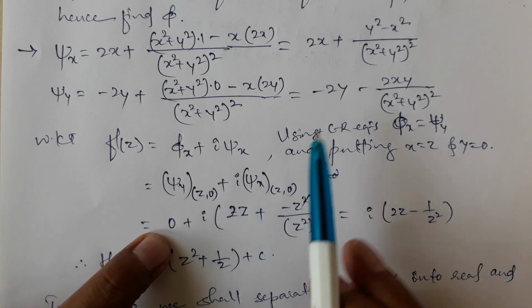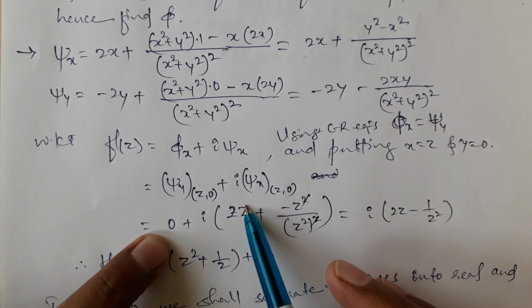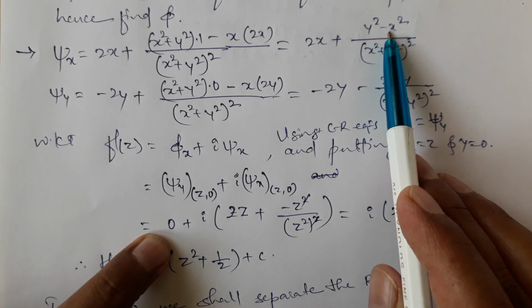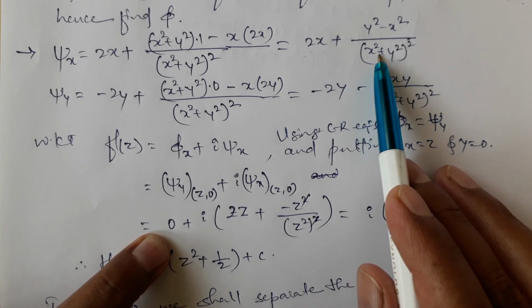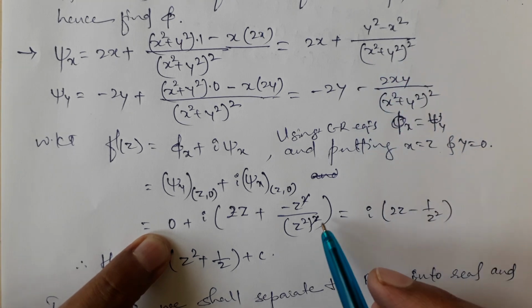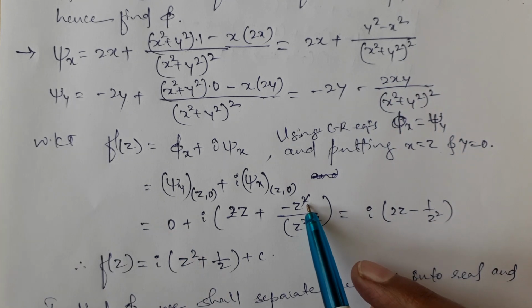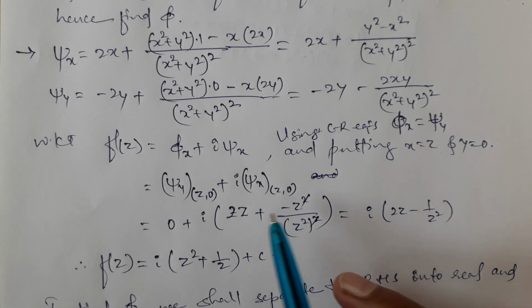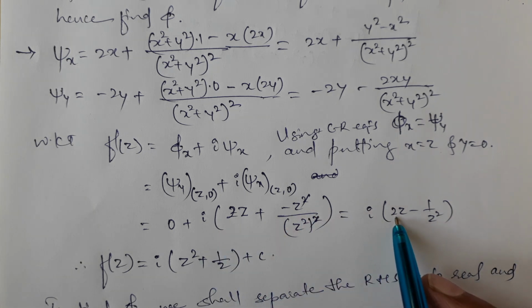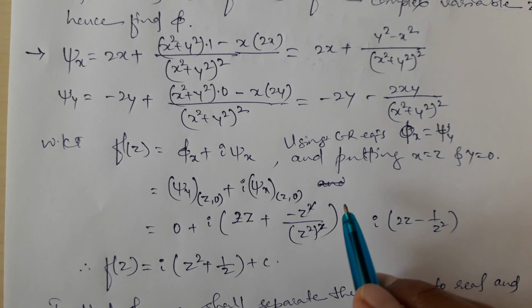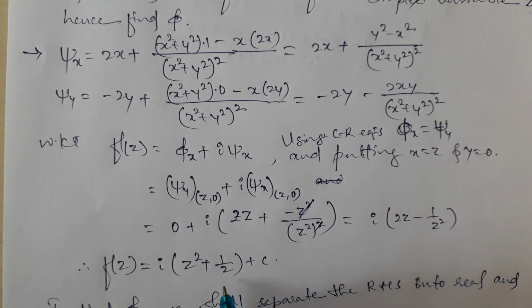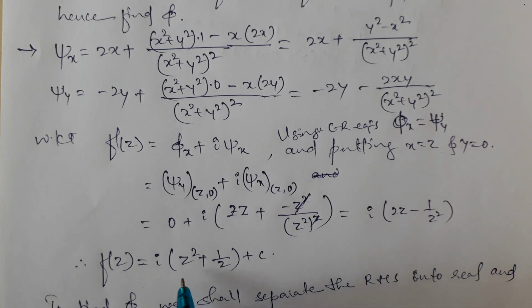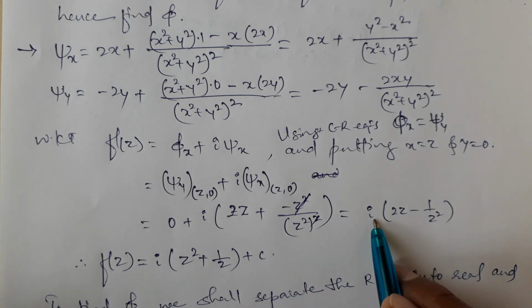Then plus iψx term, therefore 2z plus 0 minus z² divided by (z²)², and z² and this square cancel, then i(2z − 1/z²), hence this is f′(z).